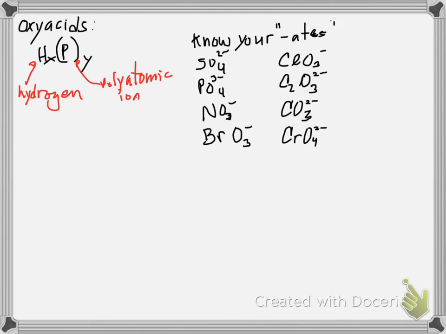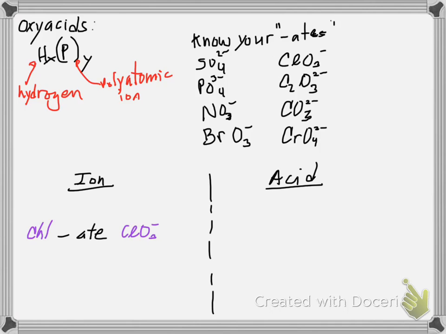You have your sulfate, your phosphate, your nitrate, your bromate, ClO3 is your chlorate, your oxalate, your carbonate, and your chromate. You should recognize these symbols and also the charge typically associated with them. You'll see why this is useful as I go on to the next step.